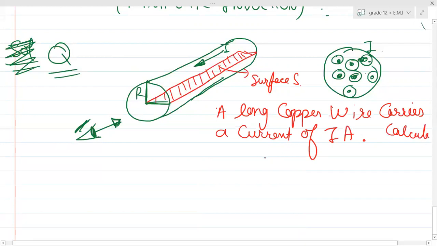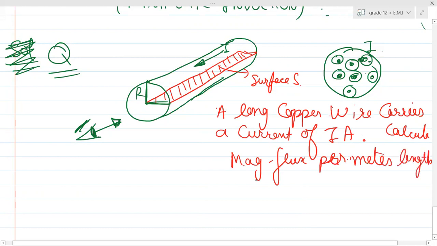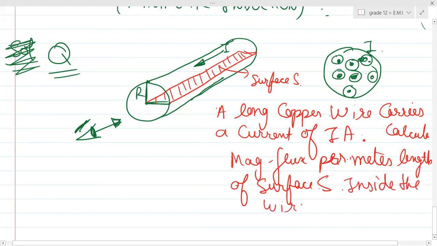Calculate the magnetic flux per meter length of the surface S inside the wire. Please start. Think carefully.